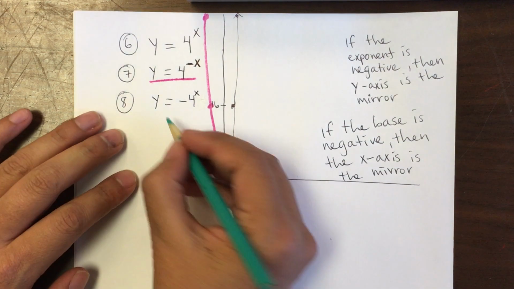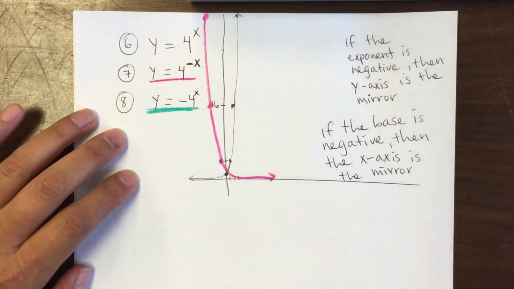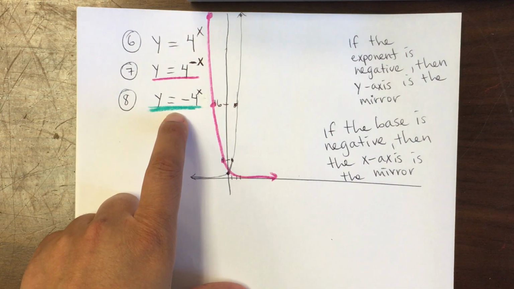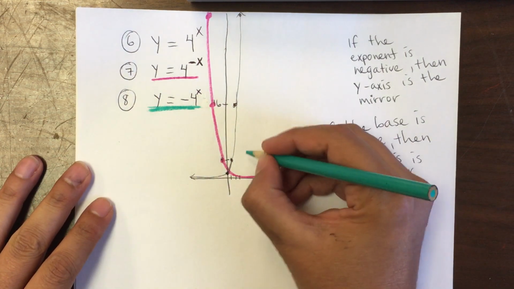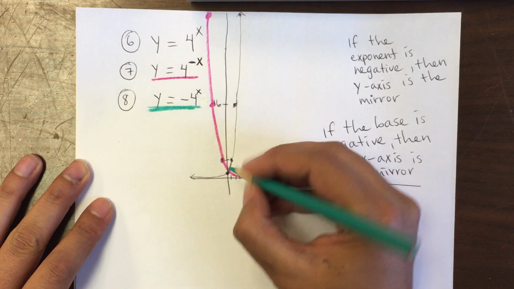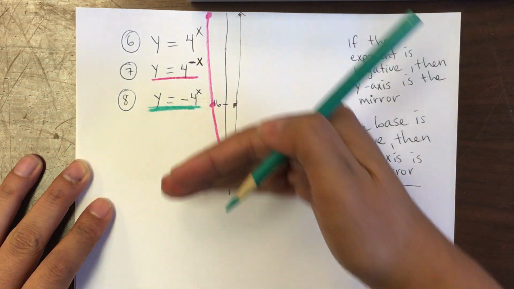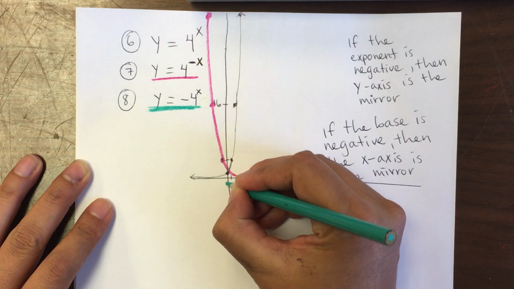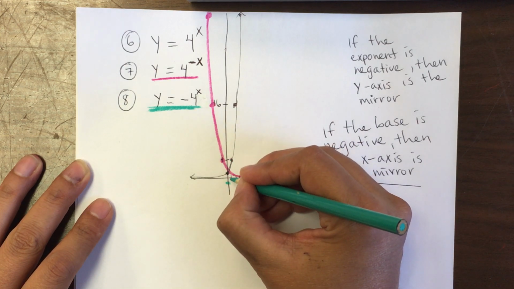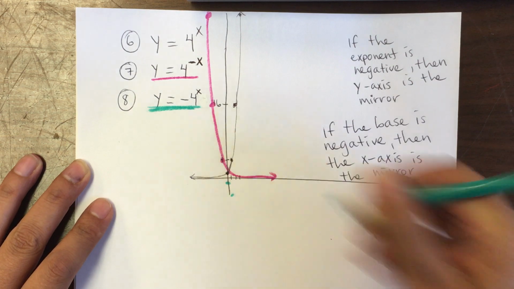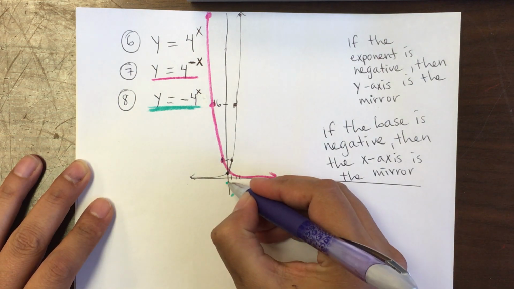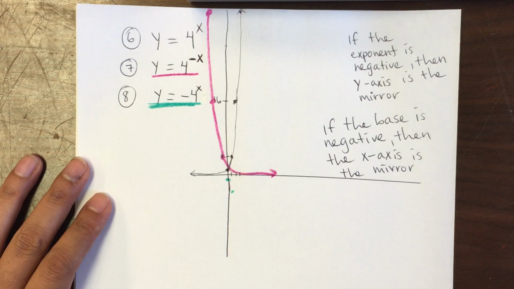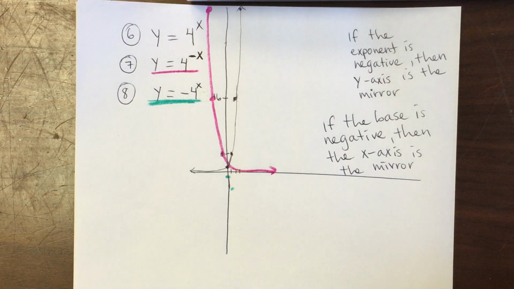Okay, so let me use this color now. It looks like aqua, some people call it blue. And so this point will reflect, remember this is the mirror, so it's going to be around here. This will reflect around here. Let me extend the y-axis a little bit more.